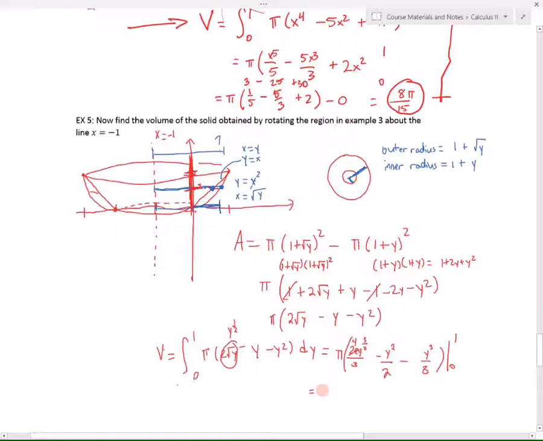So that gives me a pi times 4/3 minus 1/2 minus 1/3. That's a 4 there, sorry. 4/3 minus a third is 1. 1 minus a half is a half, so that gives me just pi over 2 is the value of that integral. And that is all for that example.